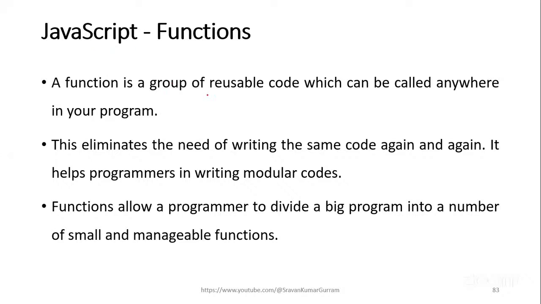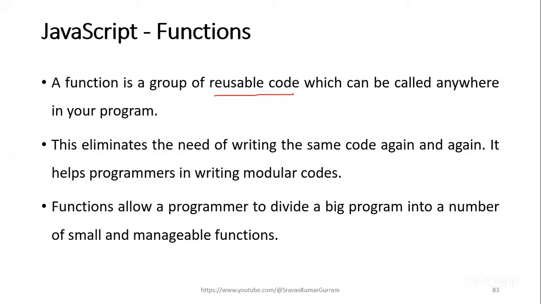See, a function is a reusable piece of code. Nothing but you can write a function only once and you can call it a number of times based on your requirement. That is the meaning of reusable piece of code. Then while you are creating a function, we use braces.